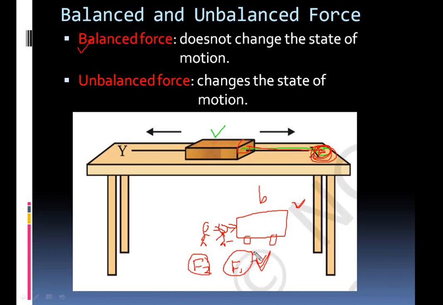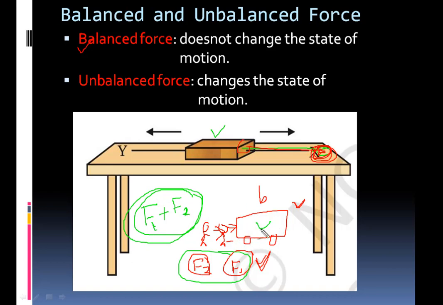So that means both the forces together, F1 plus F2. Earlier only the F1 force was applied. Now F1 plus F2, this much force is applied. Even after application of this amount of force, still the truck is not moving. So still the truck is in balanced condition. So this force is known as balanced force.